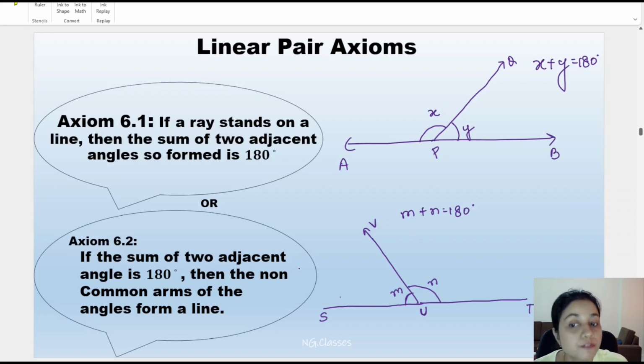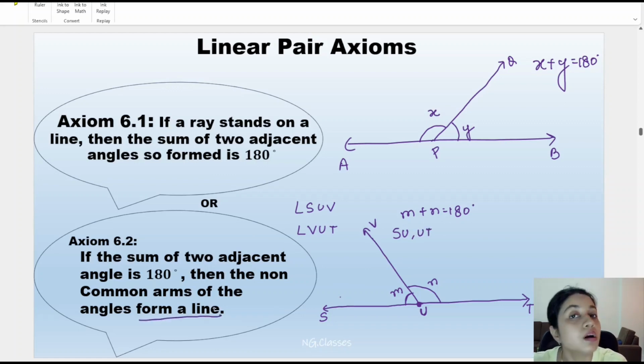So if the sum of two adjacent angles is 180 degrees, then and only then the non-common arms, what are the non-common arms here? As we can see, SU and UT are non-common arms, where U is the common vertex. Then the non-common arms, that means SU and UT, will form a line.